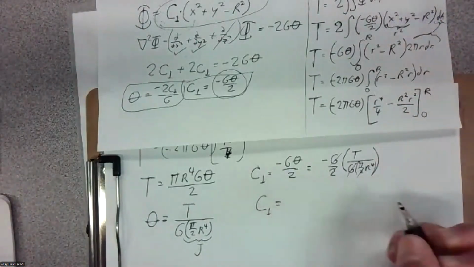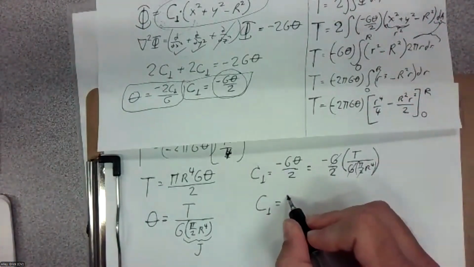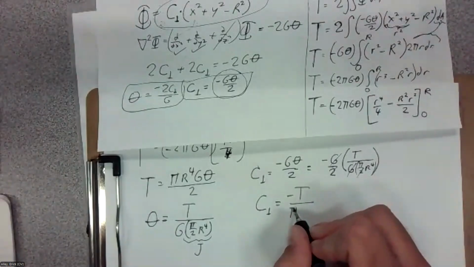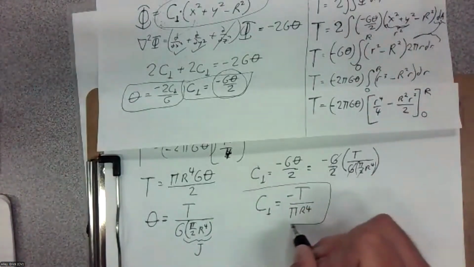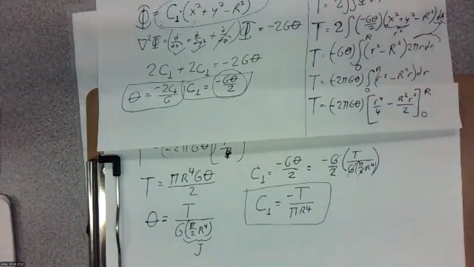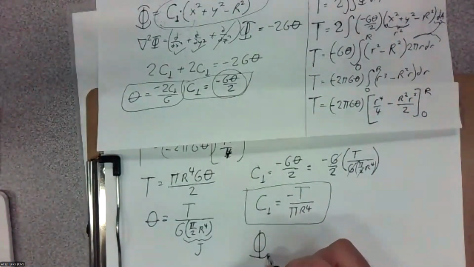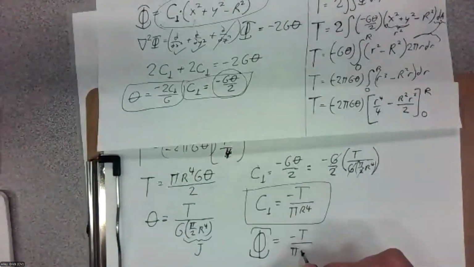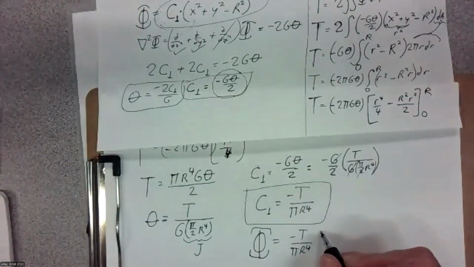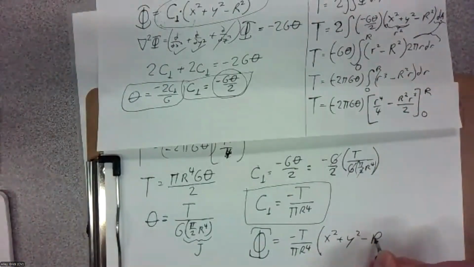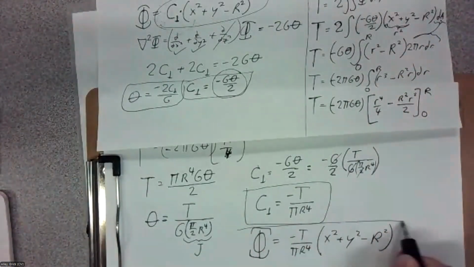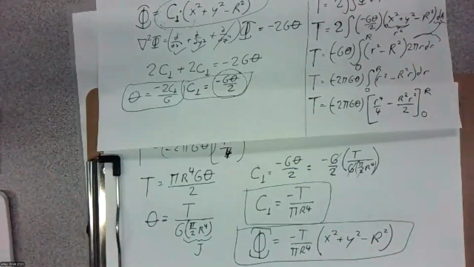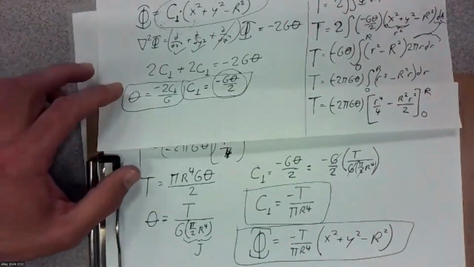So constant 1 says it's minus T over pi r to the 4th. So here's my constant. That means I've now got my phi function fully defined. Minus T over pi r to the 4th, and then I've got x squared plus y squared minus r squared. So here's my Prandtl function. I needed two things to get to that function.